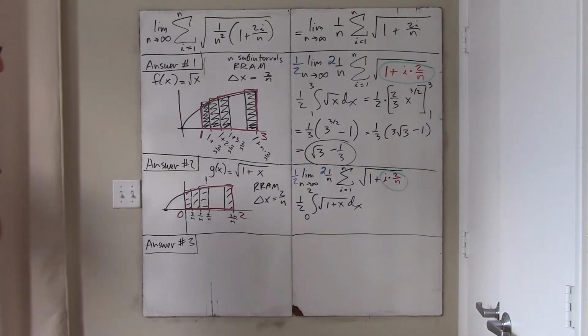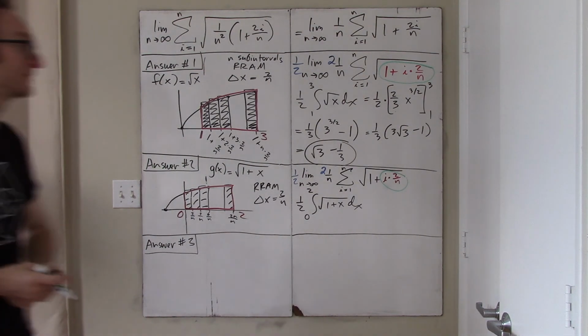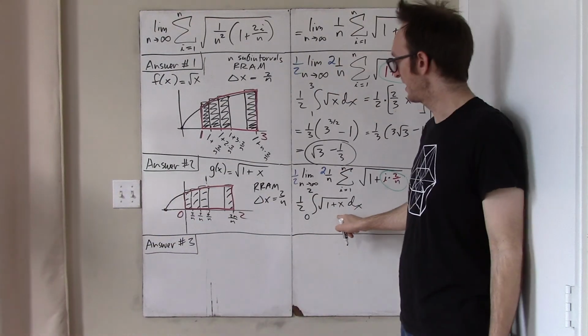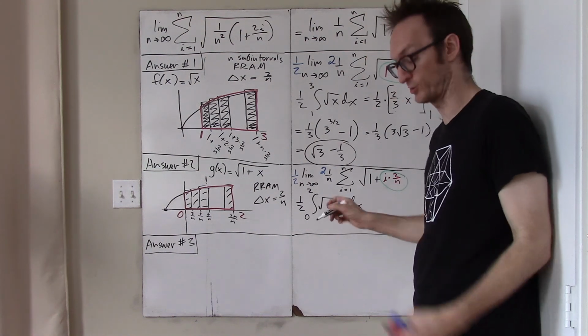Okay, and how could these both be right? Well, of course they can both be right because there are many different integrals which happen to have the same value.